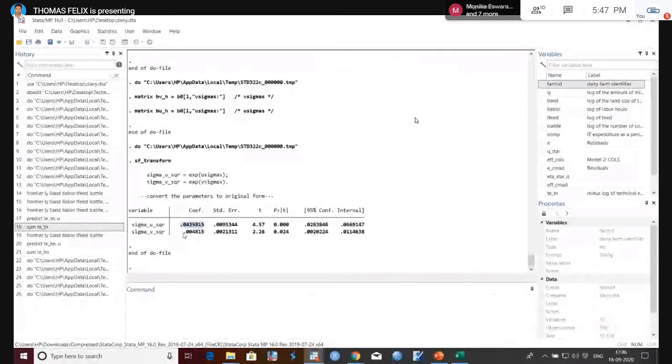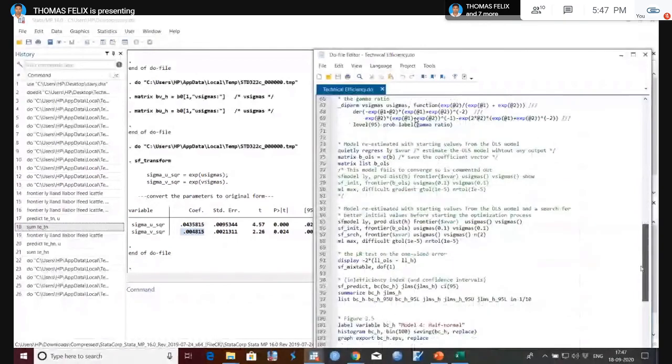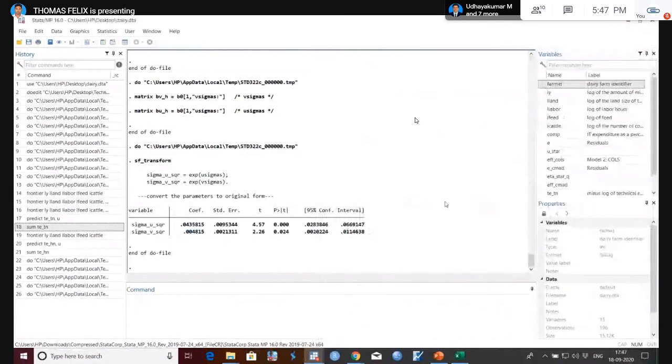Similarly, we can derive all the things. We can use the sigma square U, sigma square V, and derive each of the distributional functions. We can go by menu driven, or by the step method.